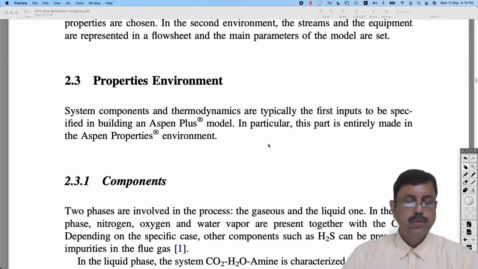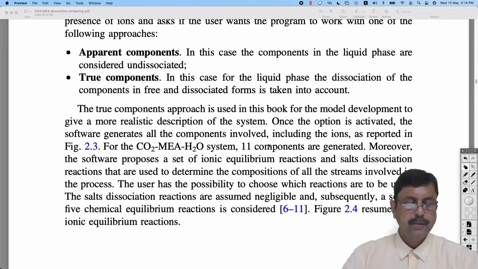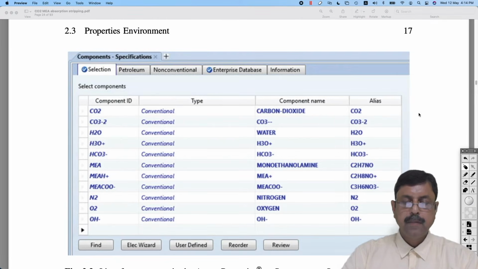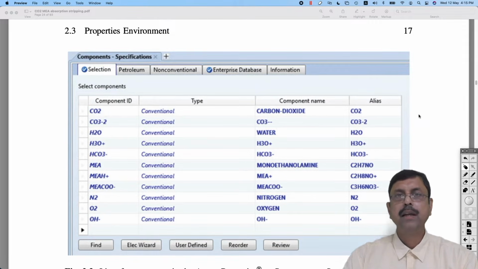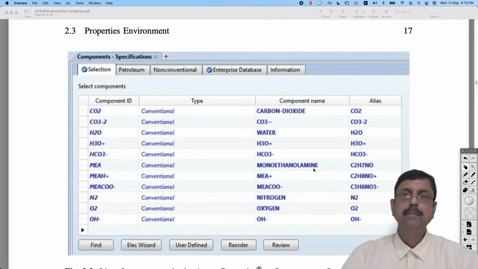And then we have to select the property environment. First, components. This particular figure is very familiar to you because every now and then whenever you begin your case study, you have to give the component specification in this manner. What is interesting over here, you can see, other than the complete compounds like carbon dioxide, water, monoethanol amine, etc., you also have some ions like CO3 minus minus.